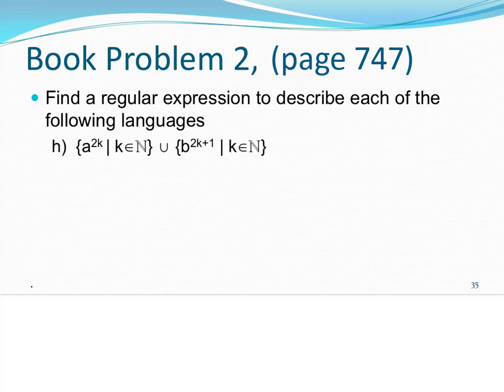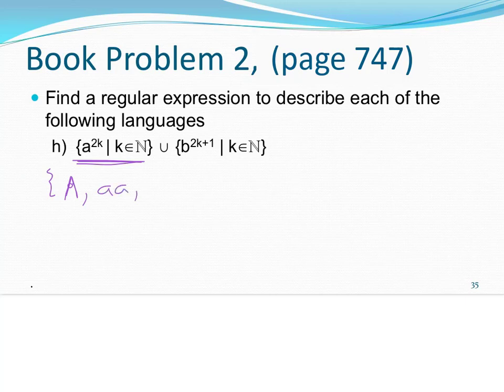So now it's getting even more interesting. What have we got here? We've got find a regular expression that describes the language. So what do we got here? We have a to the 2k. So what is that? Let's just make sure we know. If k is 0, that would be lambda. And if k is 1, that would be AA.